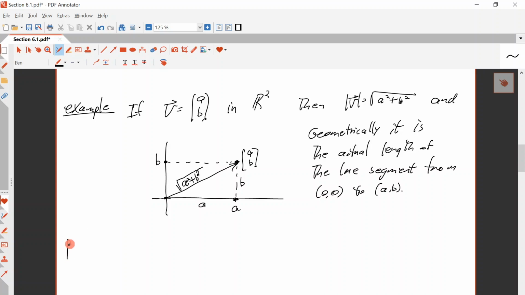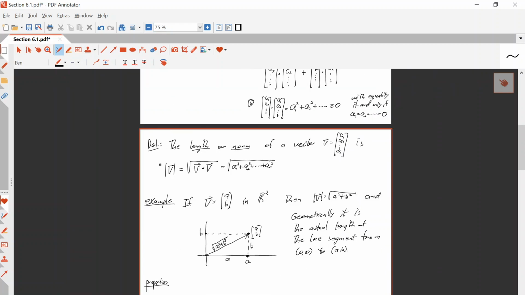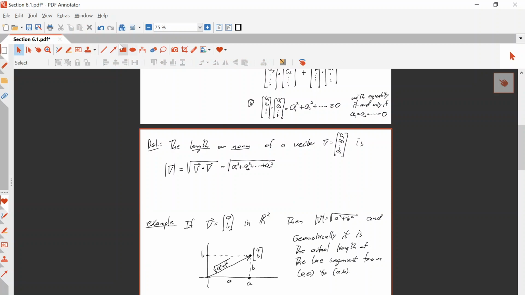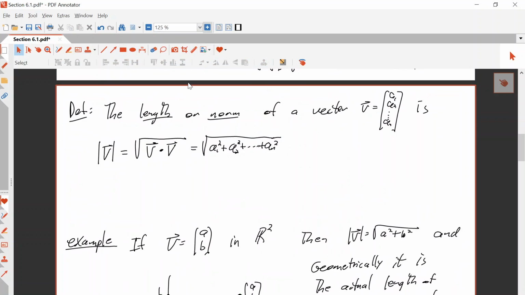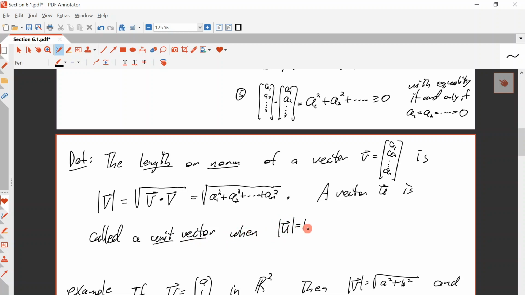Some properties. Oh, one other thing before we move on. In that definition, a vector v is called a unit vector when the length of v is 1.